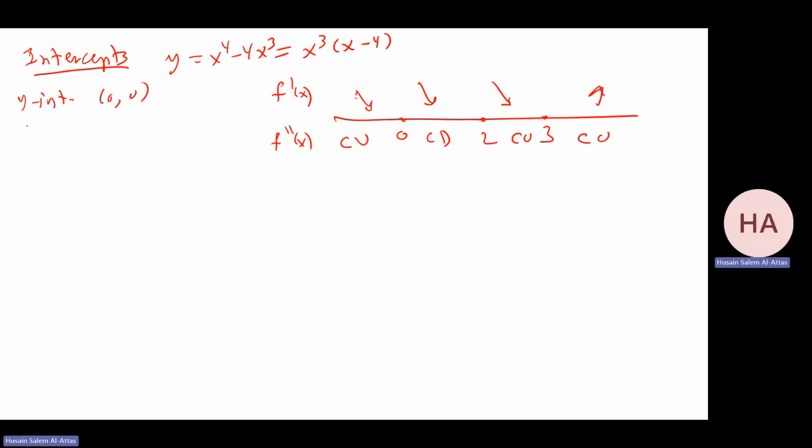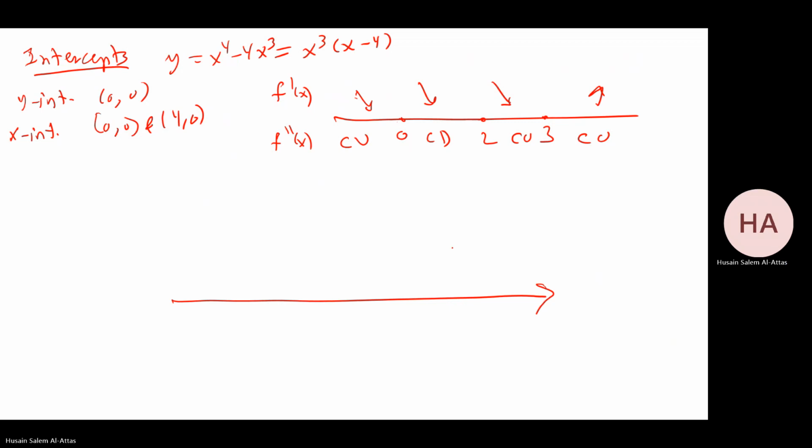I'll put x equals 0, it's very clear. X-intercept, I will put y equals 0, so I have the points 0, 0, and 4, 0. So I'll graph the function now. And I have all of this information. So I have 0, 0, and I have 4, 0.